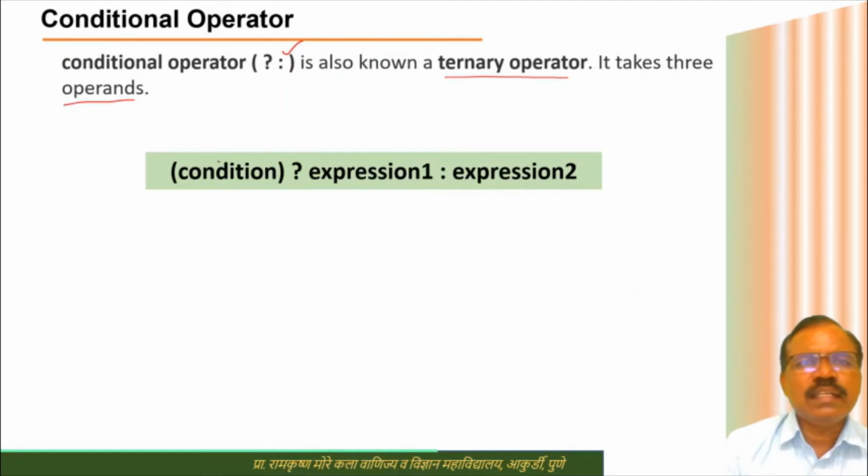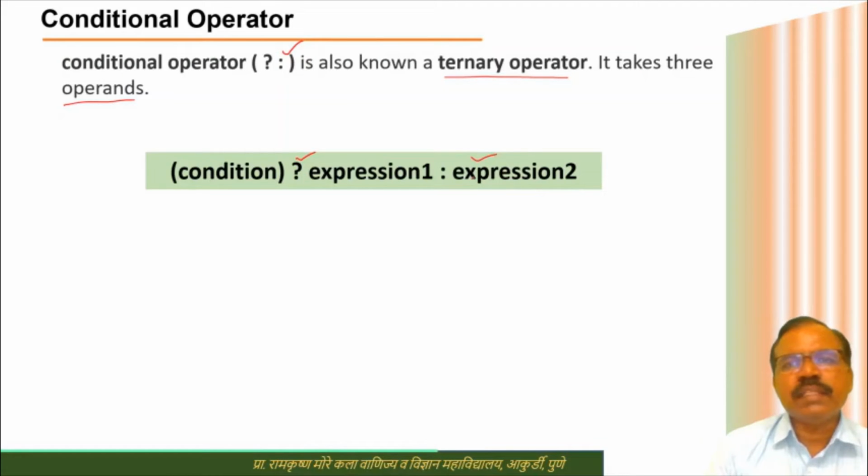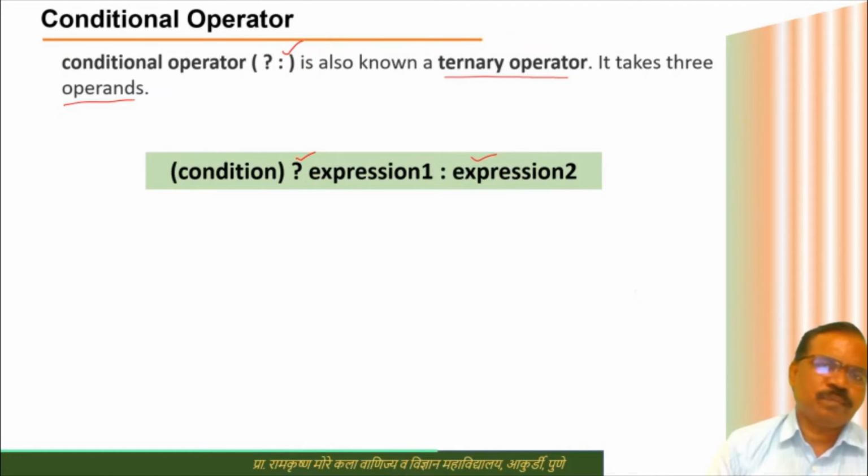So in general it is written with the first operand being the condition, then a question mark, then an expression, a colon, and then expression 2. So condition, question mark, expression 1 and expression 2 after the colon. So this is the general syntax of the conditional operator.